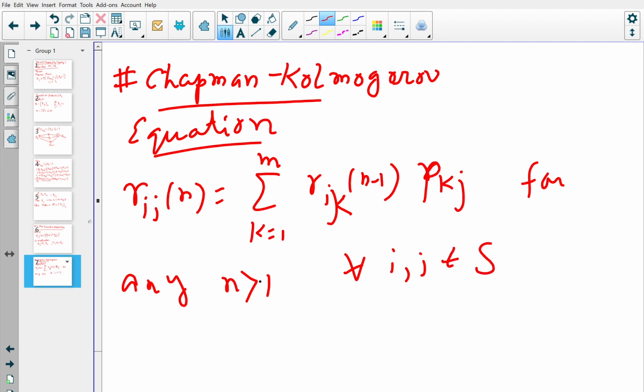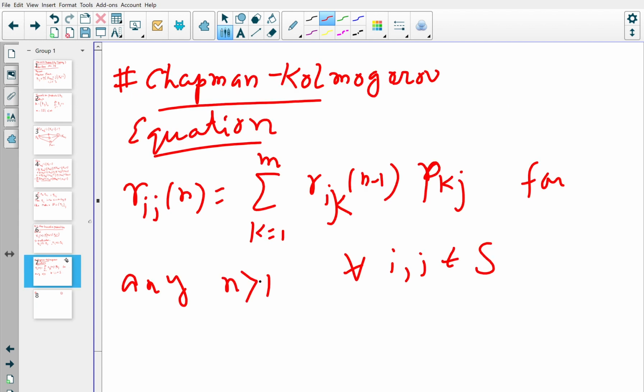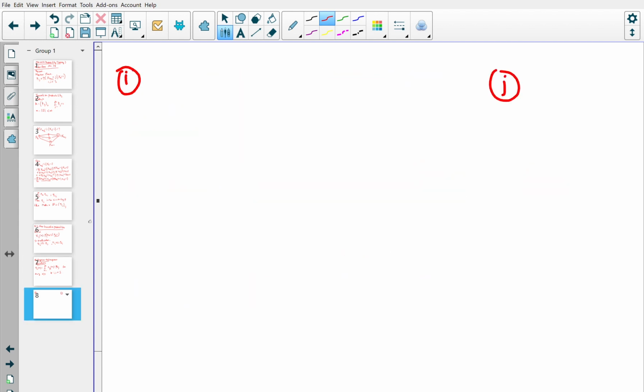Obviously this is simple. So how to prove this kind of statement? Again, you just start with a picture. You are in state i, and you need to go to state j in n steps.